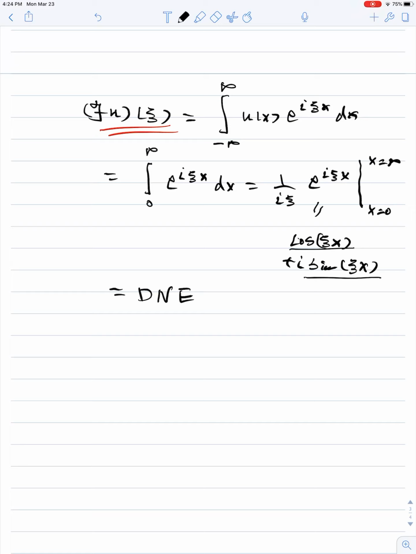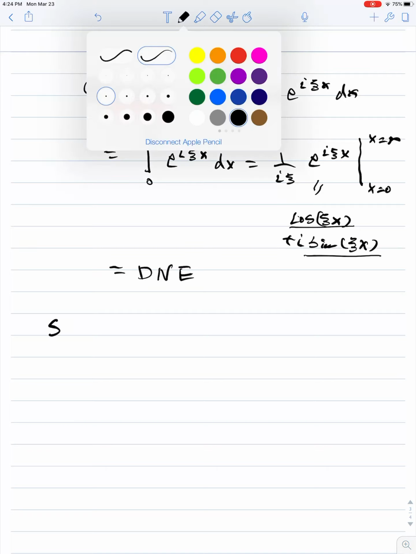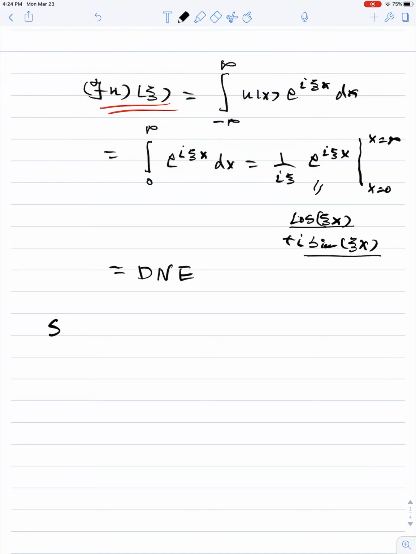Now, to give a function space for the Fourier transform, it turns out that the space of functions we should naturally consider, if you get into higher-level mathematics, is a class called the Schwartz class.